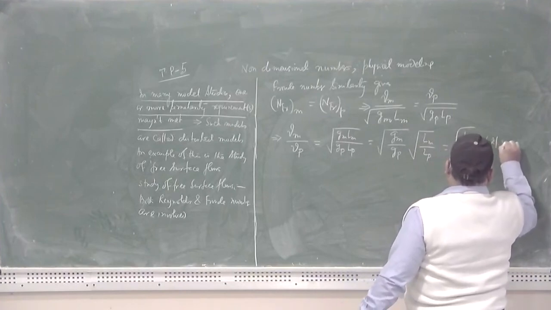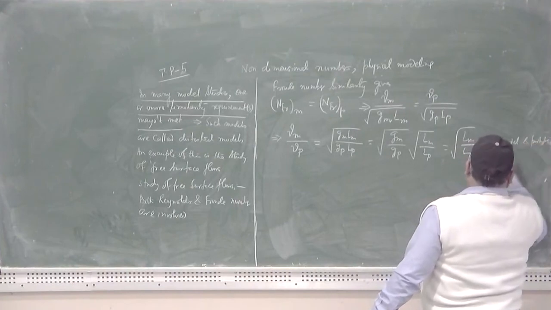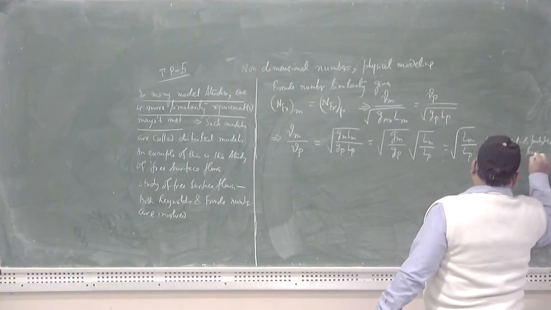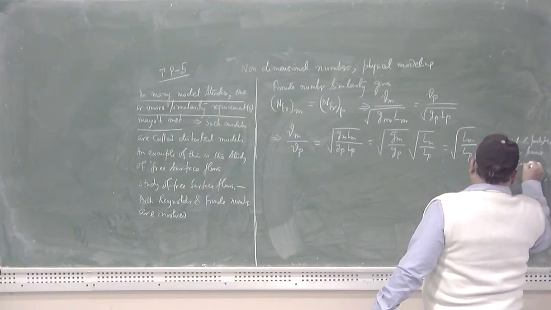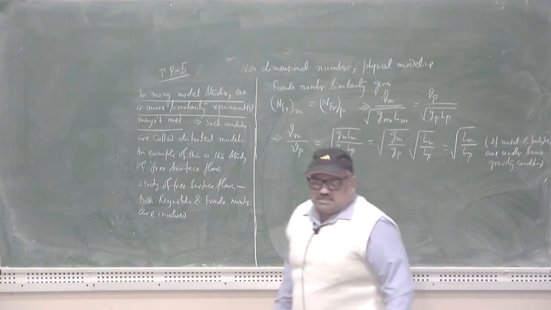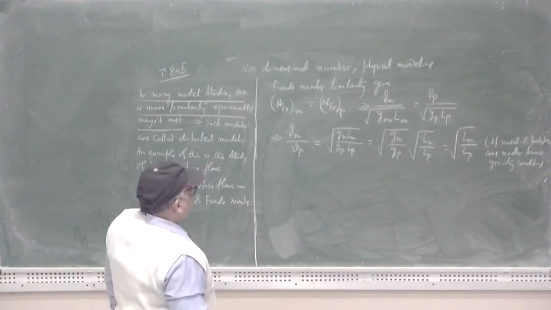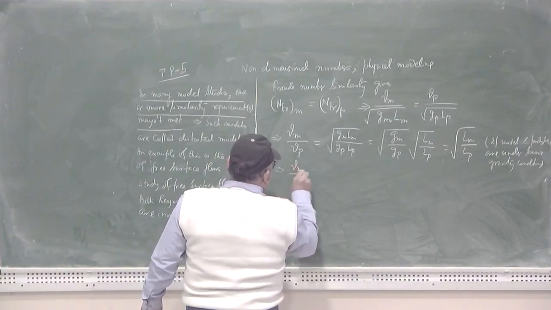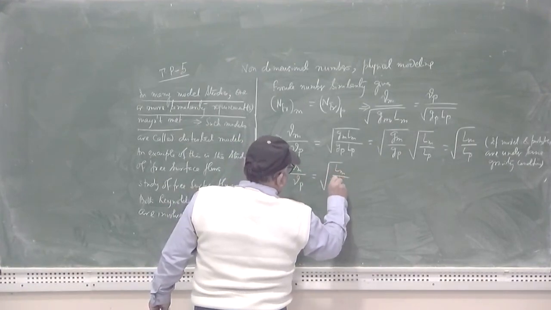if model and prototype are under the same gravity condition. Only then can these two accelerations due to gravity be considered as equal. So, Vm divided by Vp equals under root Lm by Lp.